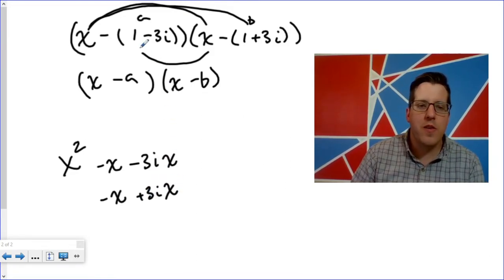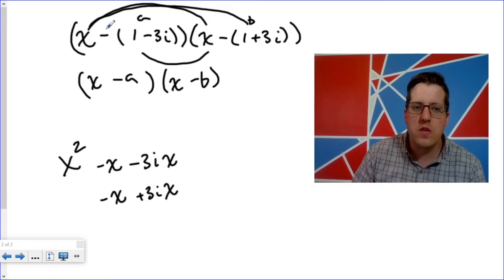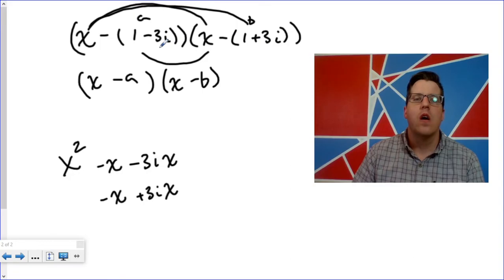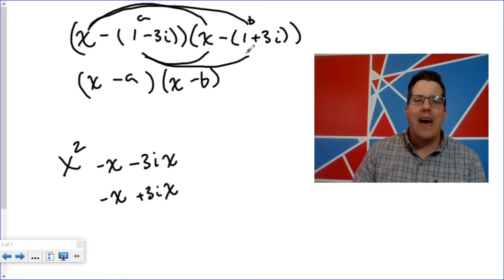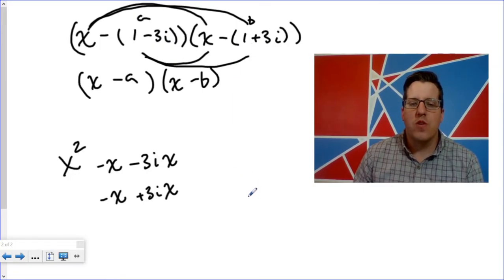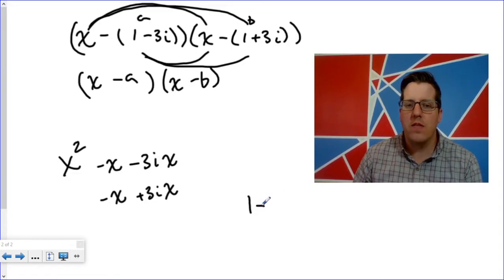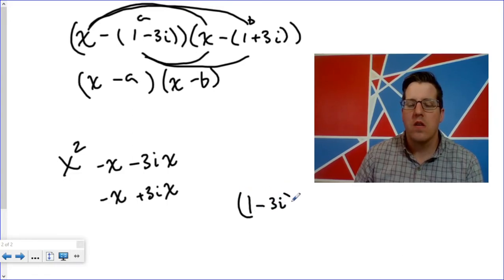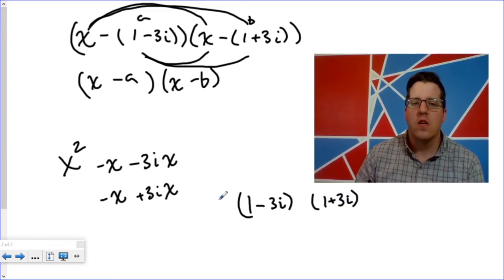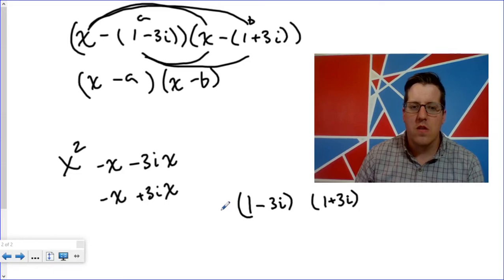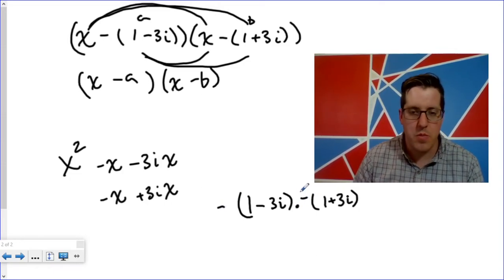If you're confused about those signs, you could distribute this negative into the parentheses. And then finally our lasts. So what happens when we do 1 minus 3i times 1 plus 3i? Or if you want to think of it this way, the opposite of that times the opposite of that, it's going to work out to the same thing.